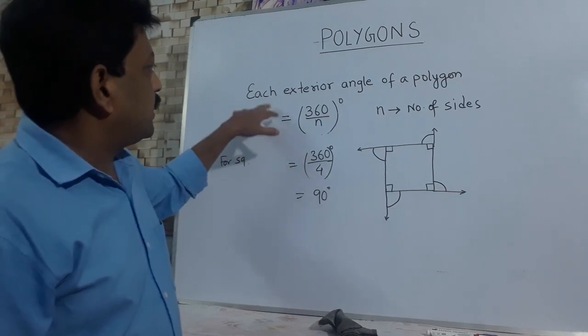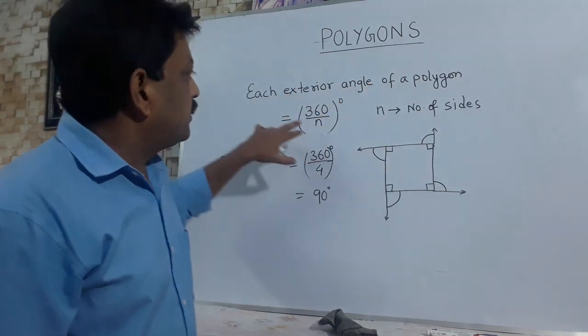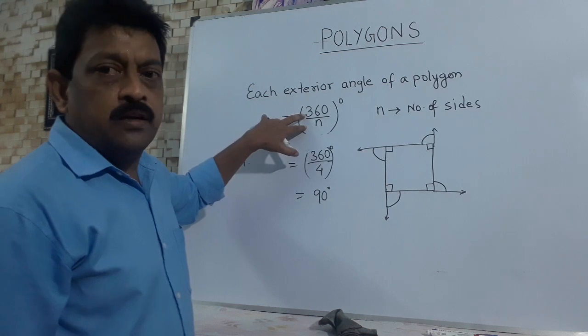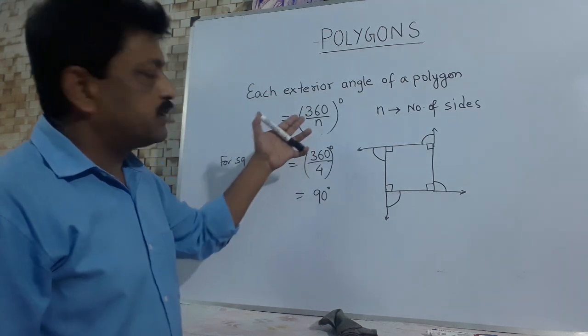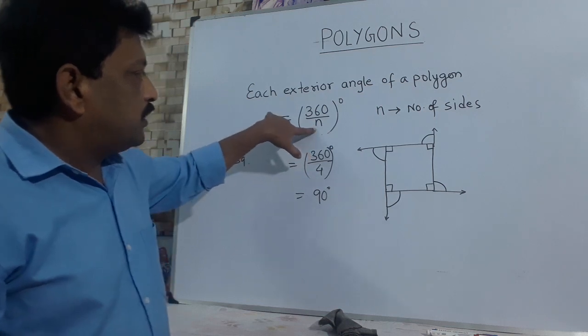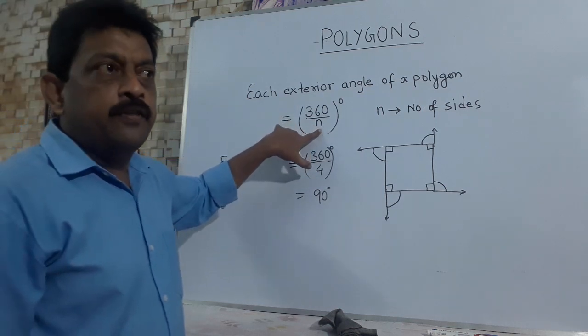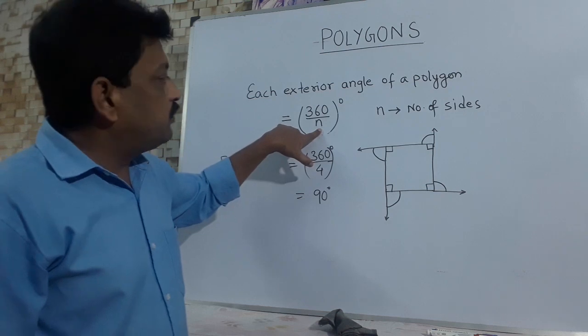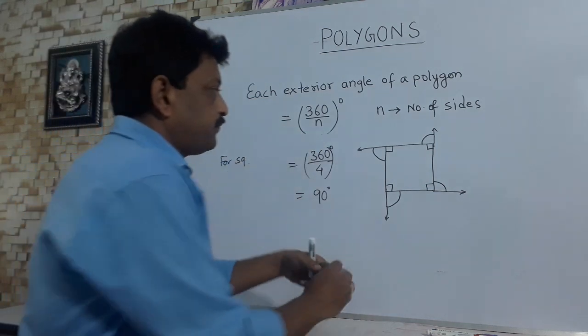This is the relation, that each exterior angle of a polygon is 360 degrees by n. So if it is a pentagon, then we have to replace n by 5. If it is a hexagon, then we have to replace n by 6.